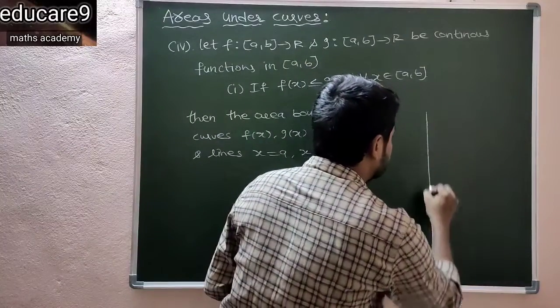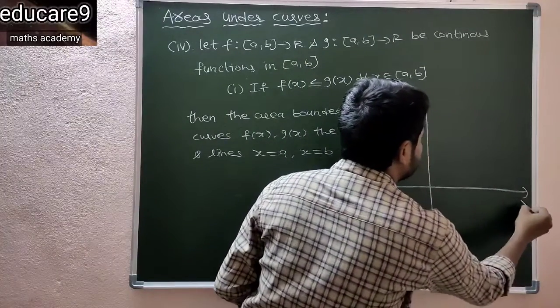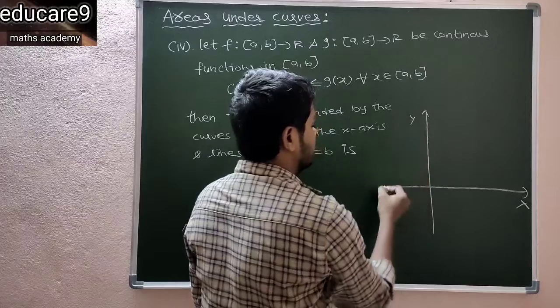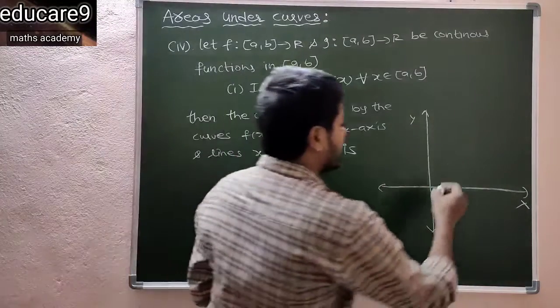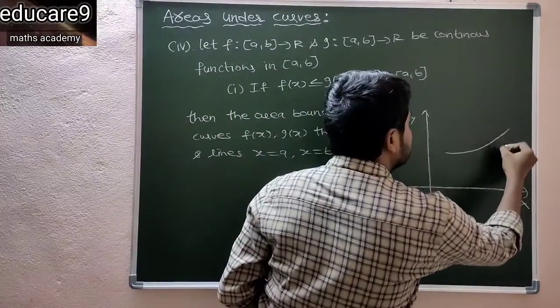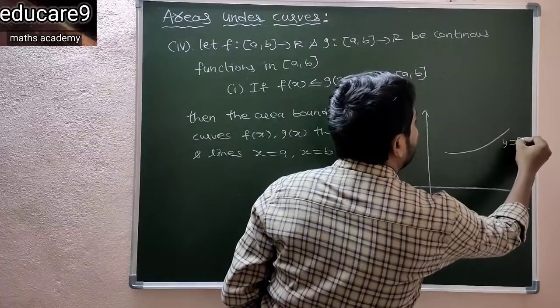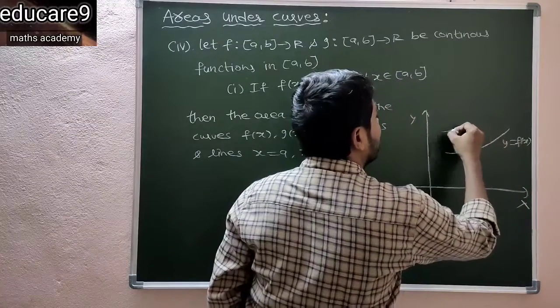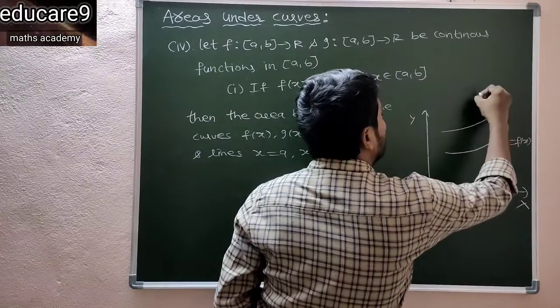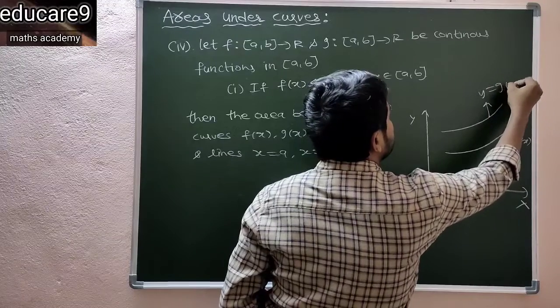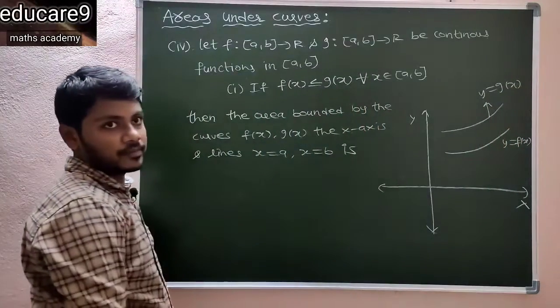So here consider the coordinate axis. This is the x and y axis. So for example, this is y is equal to f of x and this is y is equal to g of x, any two curves.